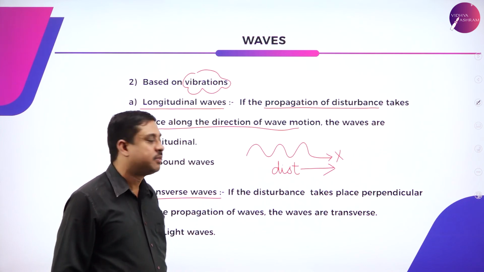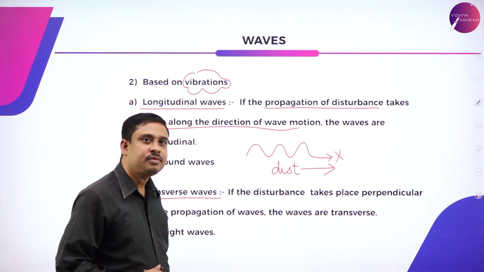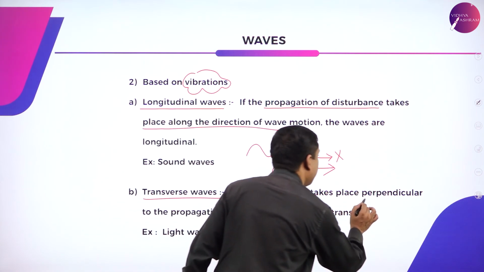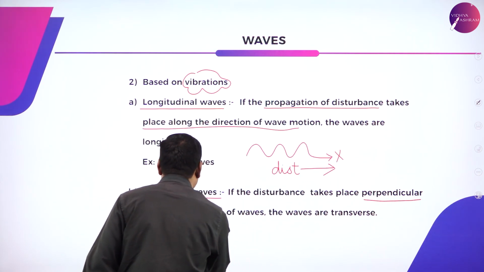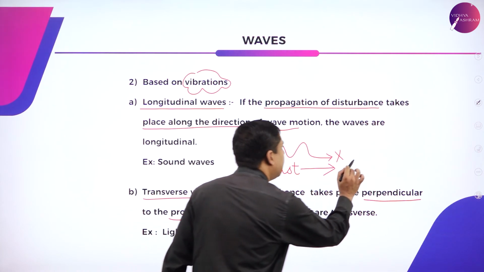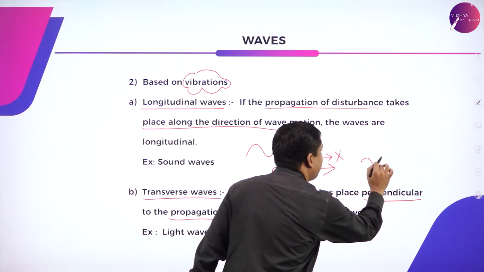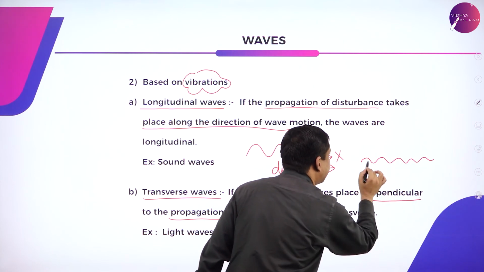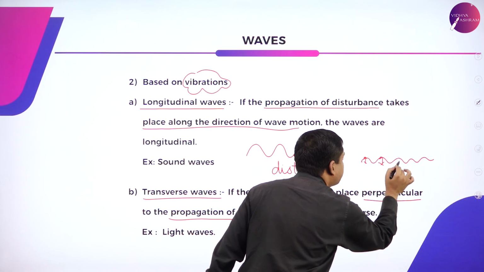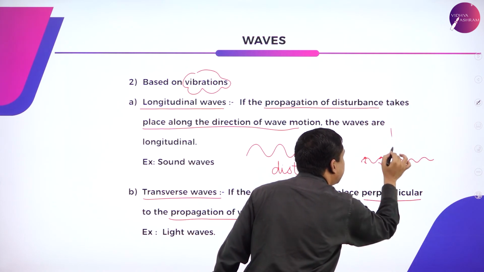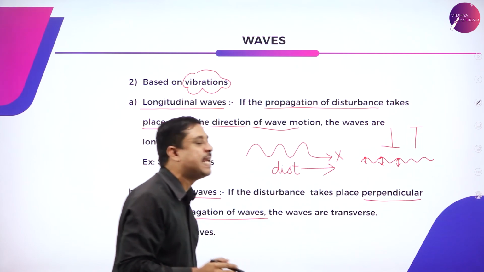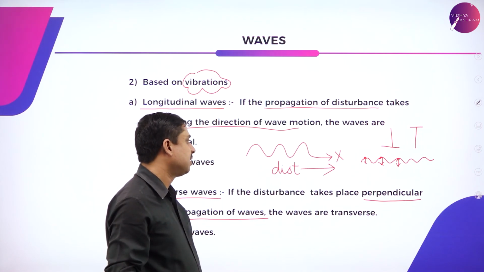Transverse waves: here the disturbance takes place perpendicular to the propagation of waves. So, if the wave is propagating here and the disturbance is perpendicular, symbol for perpendicular, the other way it is T, transverse.